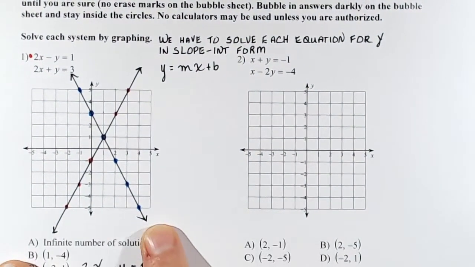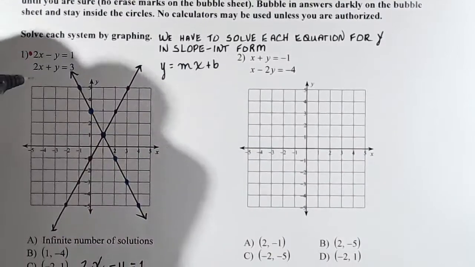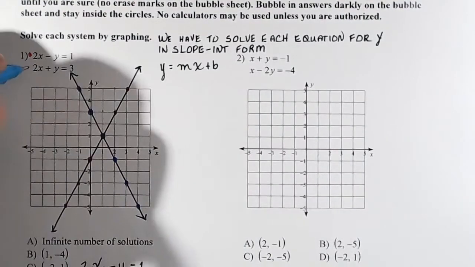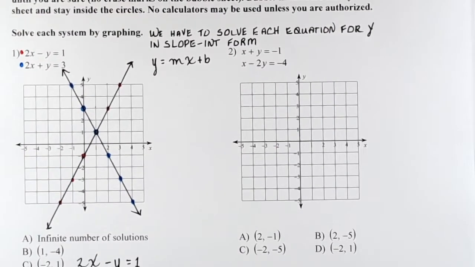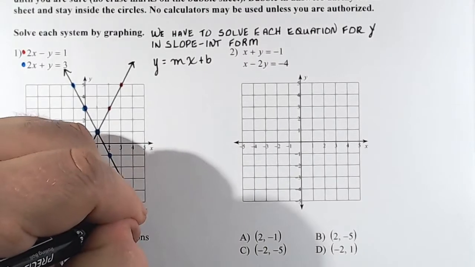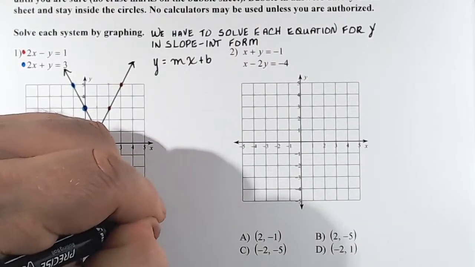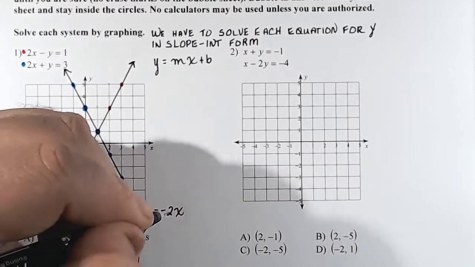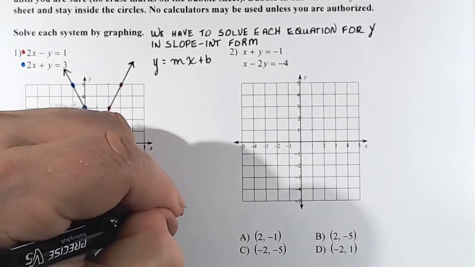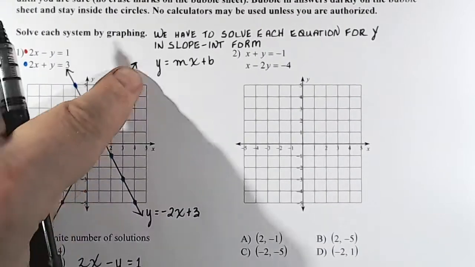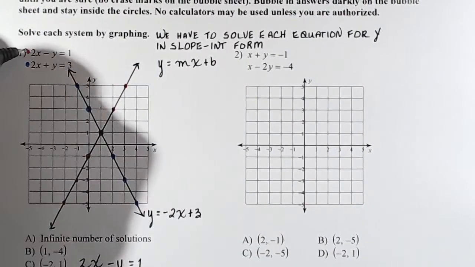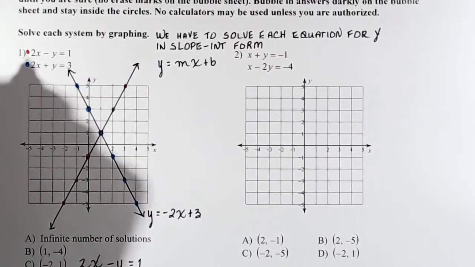This downward sloping line right here is this blue, okay, this bottom equation, 2x plus y equals 3, which we turned into y equals negative 2x plus 3. This top equation is this red one, 2x minus y equals 1.